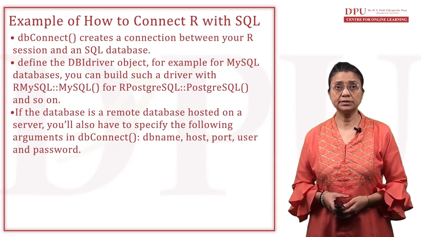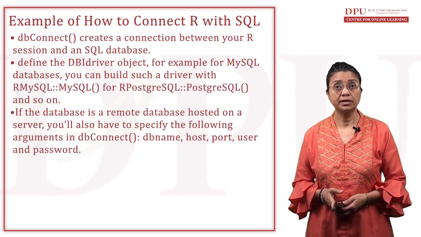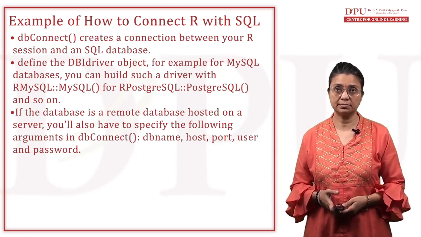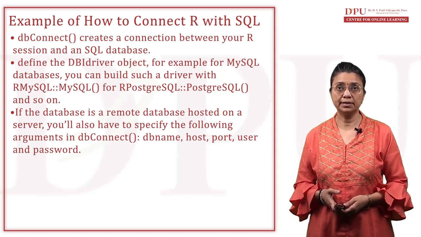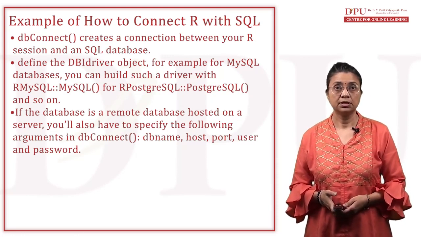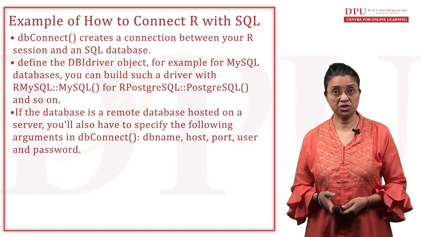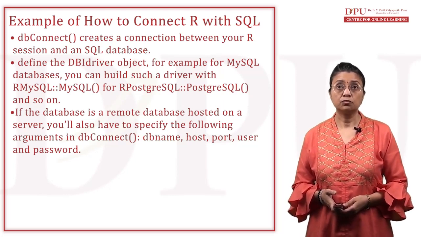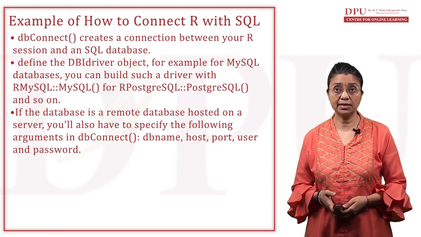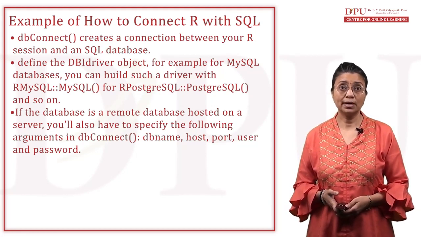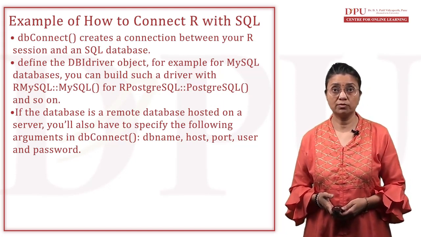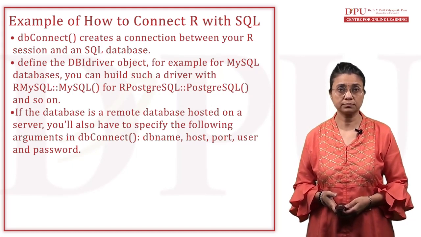The first step is dbConnect, which creates a connection between your R session and an SQL database. Define the DBI driver object. For example, for a MySQL database, you can build such a driver with RMySQL, which is MySQL for R, or the PostgreSQL function, and so on.